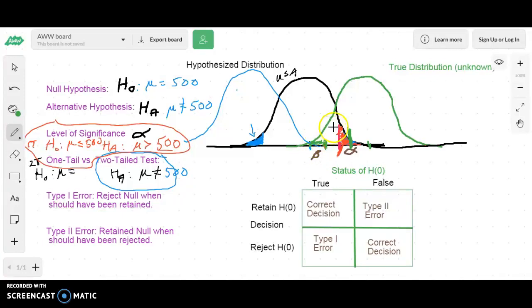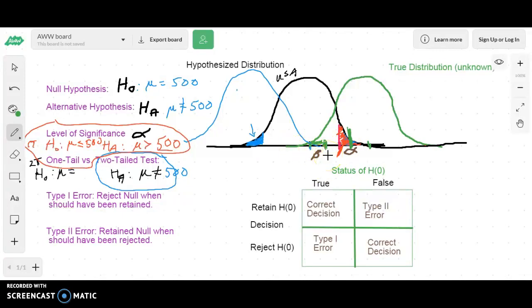If our data gives us a z-score up here in this tail greater than our cutoff, and our cutoff is established by alpha, then we're going to reject the null hypothesis and accept the alternative hypothesis. We say that there is a statistically significant difference, and we feel that the population of New Jersey is significantly greater in SAT scores than the rest of the United States.